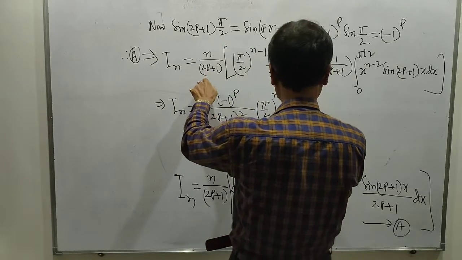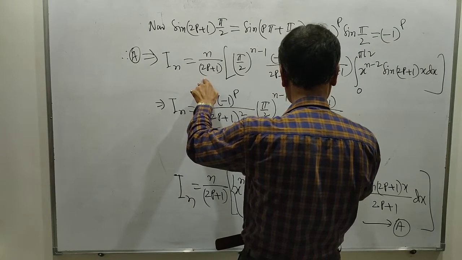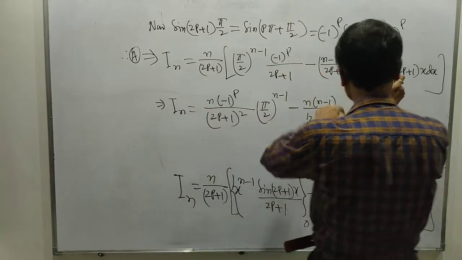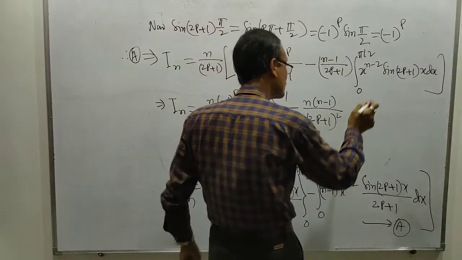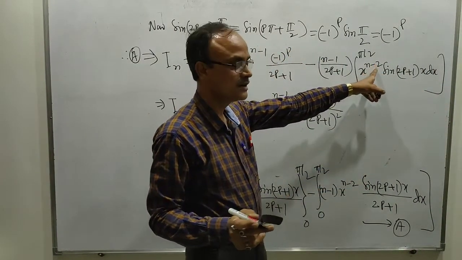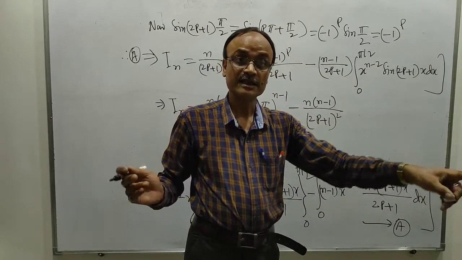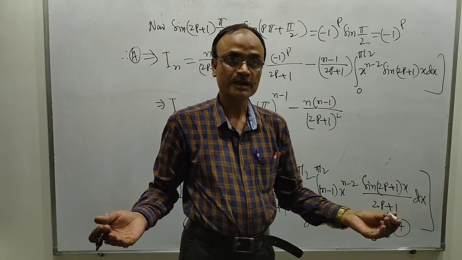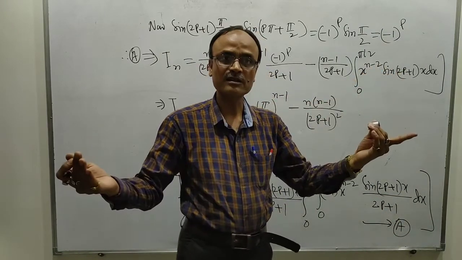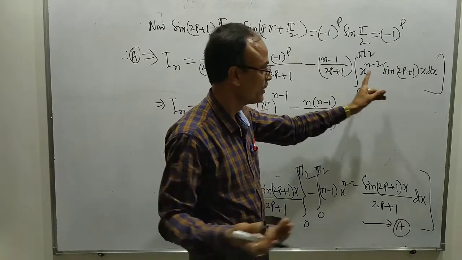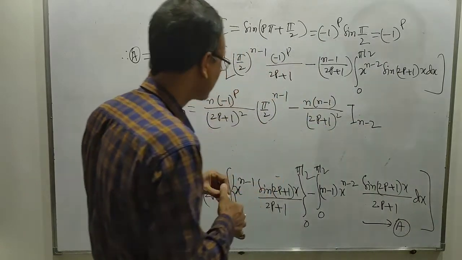This again minus n into n minus 1, twice p plus 1 whole square, can be written as I n minus 2. You see here, it can be written as I n minus 2 because x to the power n sin twice p plus 1x is denoted by I n. For n, it is n minus 2. Other terms remain the same. Therefore, you may write here I n minus 2. This is the required reduction formula.